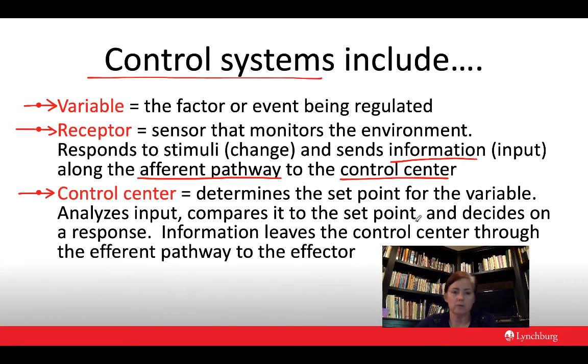Now, the control center sends information through the efferent pathway to an effector. If you look at the word effector, it basically looks like effect. The effector is typically going to be a muscle or a gland.